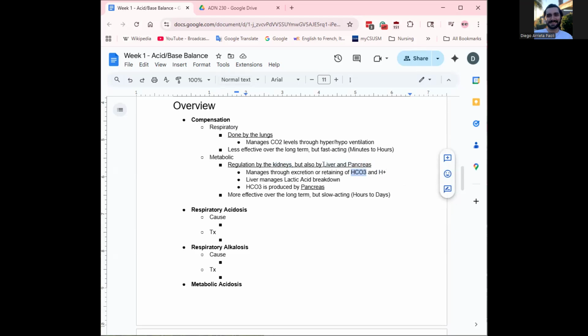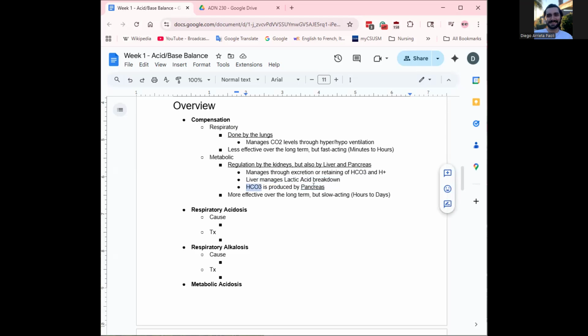Your liver will contribute by breaking down lactic acid, and your pancreas contributes by being the producer of the bicarbonate, which helps to decrease the acid.